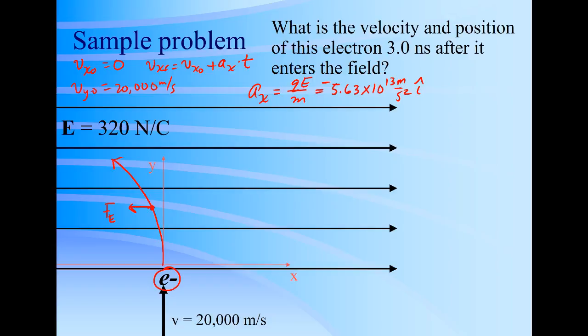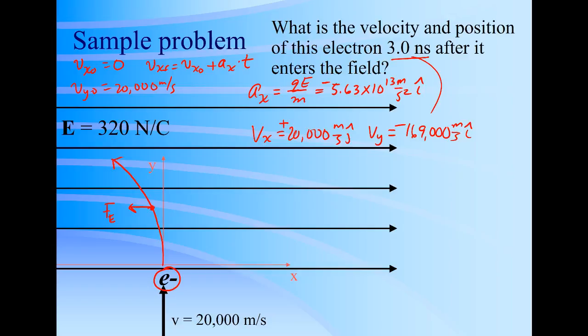The velocity of this particle will be the same as what we had last time: we just take the acceleration and multiply by 3 nanoseconds. After 3 nanoseconds, Vy will be the same, 20,000 in the positive j hat direction, and Vx will be 169,000 in the negative i hat direction.